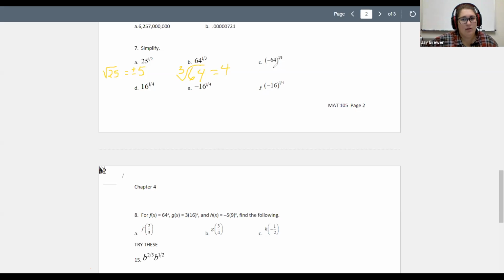Okay. C, you can do because it's an odd root. So that's just going to be -4.